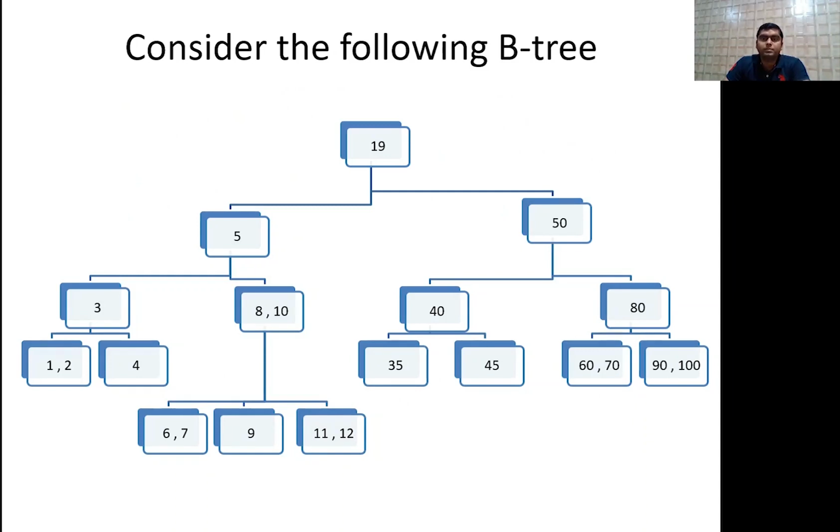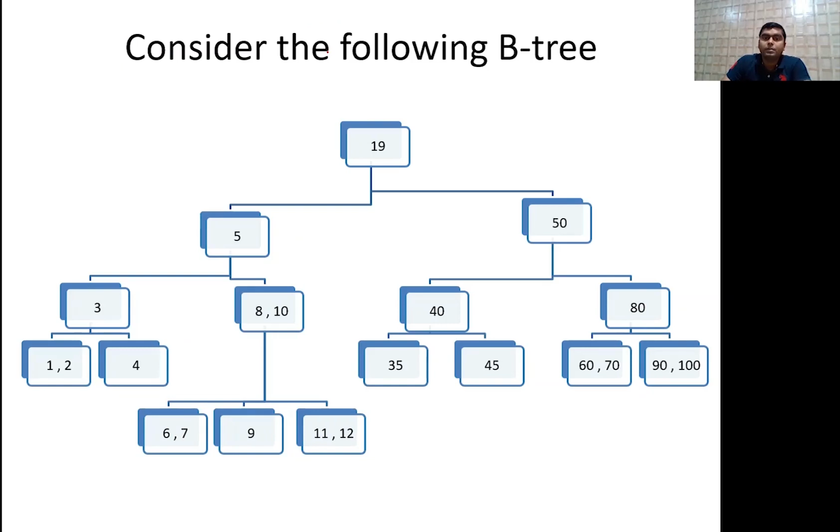So this is also, I think, a deletion question. So 19, 5 and 50. Let me draw it. 19, 5 and 50. So it is 19, 5 and 50.